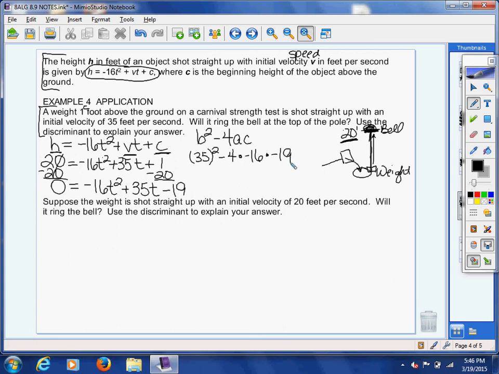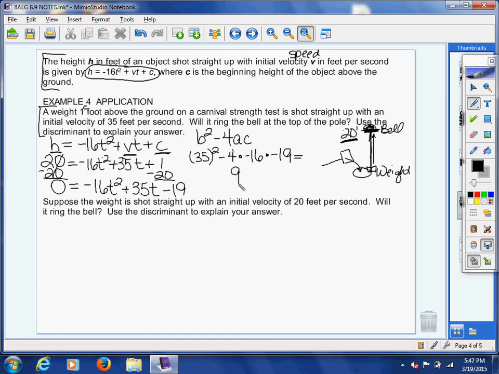Go ahead and put 35 in parentheses just for the practice. Minus 4 times negative 16 times negative 19. Okay? And we're looking for the discriminant. We want to know what that number is. Go ahead and write it down if you think you know it. I got 9 as my discriminant.